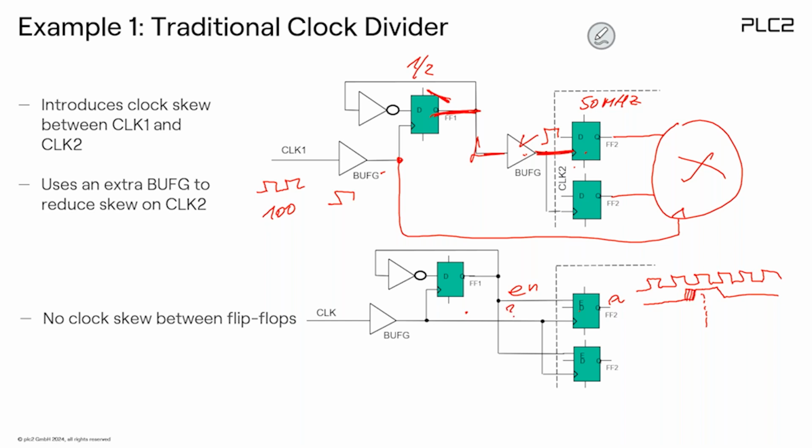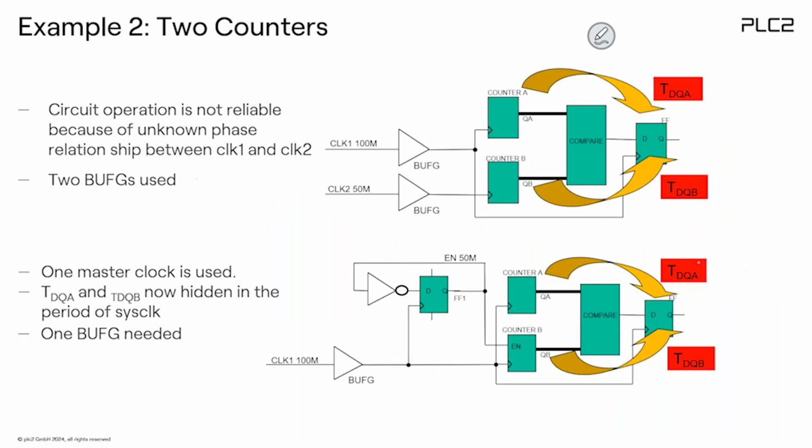This delay time here, we really don't care, because we do have a complete period time to propagate the signal. This means these two flip-flops will actually clock at the same time, because it's just used as an enable. It's a very, very reliable and very nice situation.